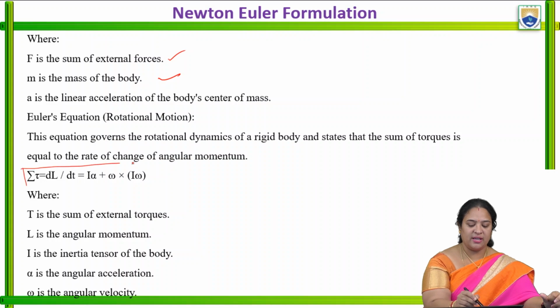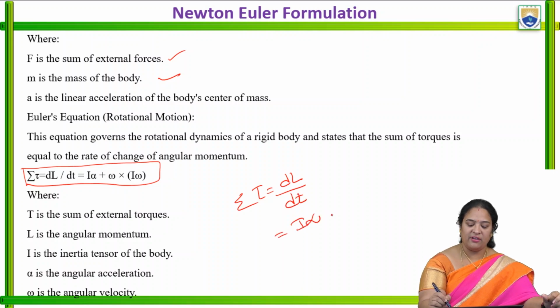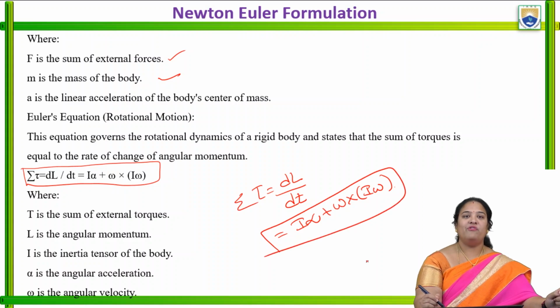As per Euler's equation, sigma tau is equal to dL by dt, which is I alpha plus omega cross I omega. This is Euler's equation for rotational motion.